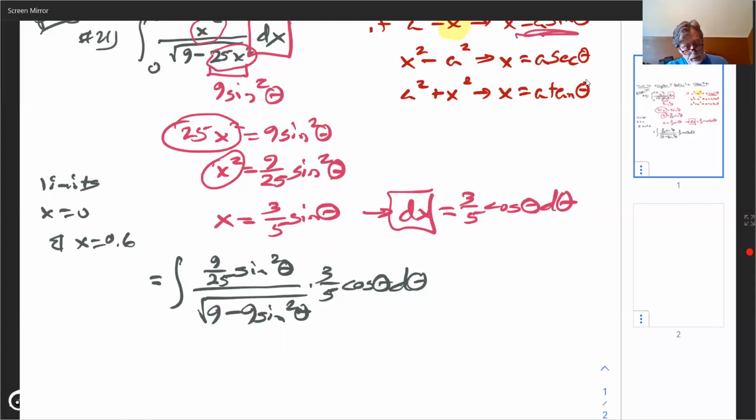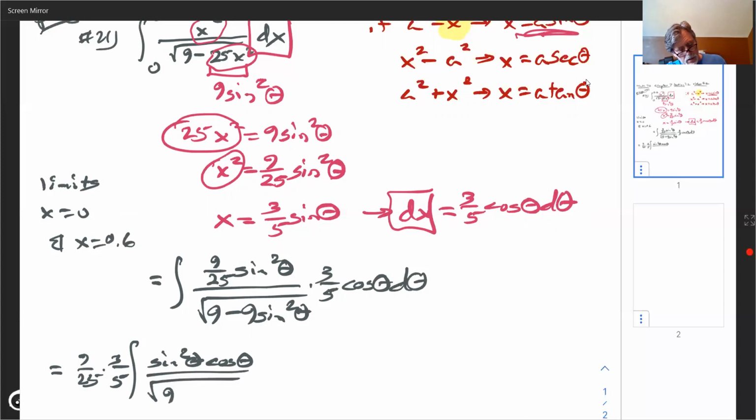All right, so we've got a 3/5 going on. We've got the 9/25. I'd like to clean house. What I'm going to do is take out the 9/25, and also take out the 3/5. I'm going to integrate, and what I've got is, I'll write it this way: sine squared theta cosine theta, and downstairs, watch out, square root of 9 times (1 minus sine squared theta) d theta.